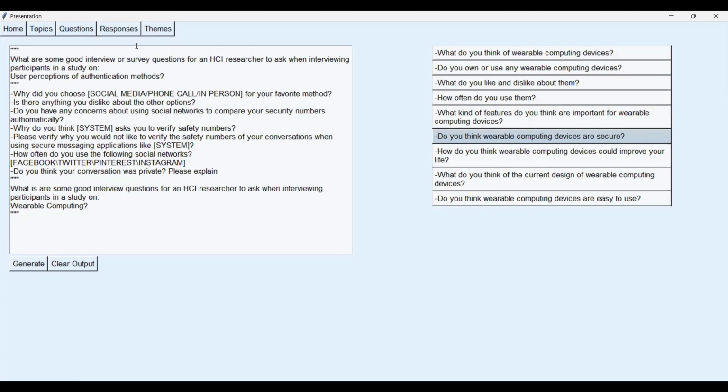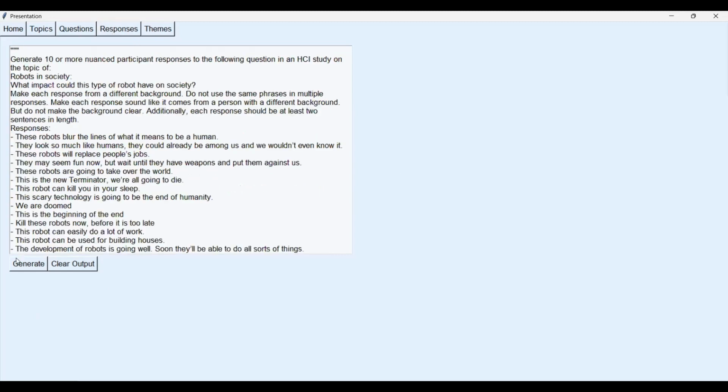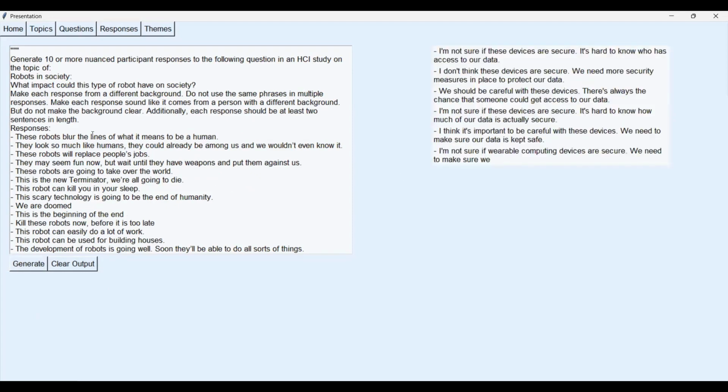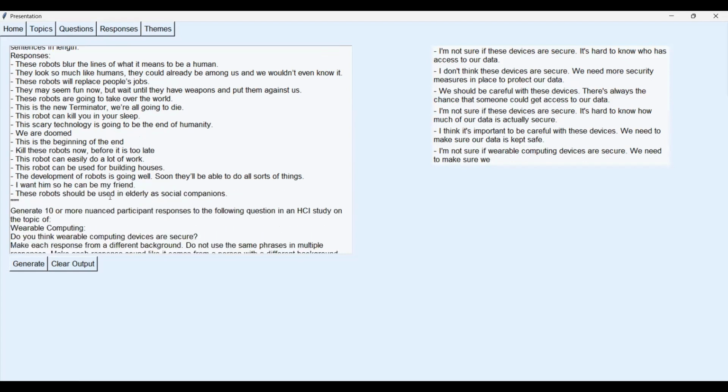So let's choose one, and then we can ask the model also to generate some participant responses related to that question and that topic. So the example that we've given here for this prompt, the example of participant responses, are very simple for this set. So we don't expect that they would be deeply nuanced. They may appear shallow in this one.